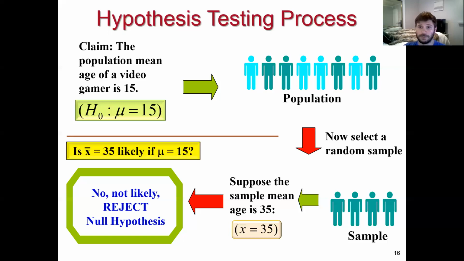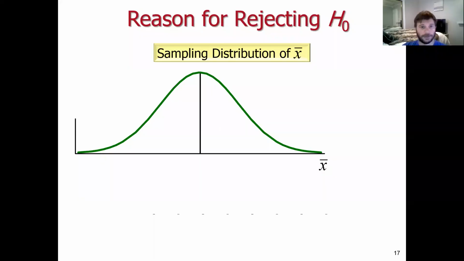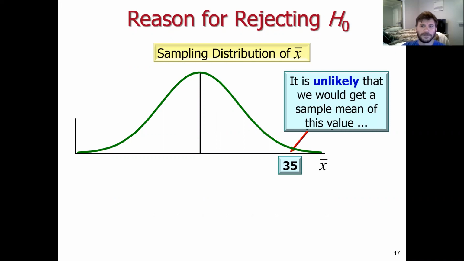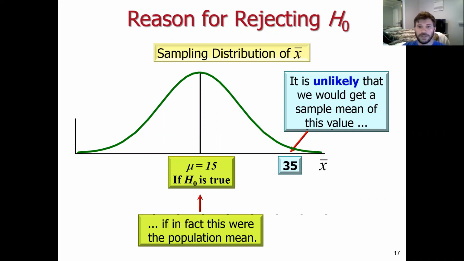So diagrammatically here, we're thinking about the sampling distribution of X bar. And if the mean was at 15 here under the null hypothesis, it's pretty unlikely that we would observe a value as extreme as 35.